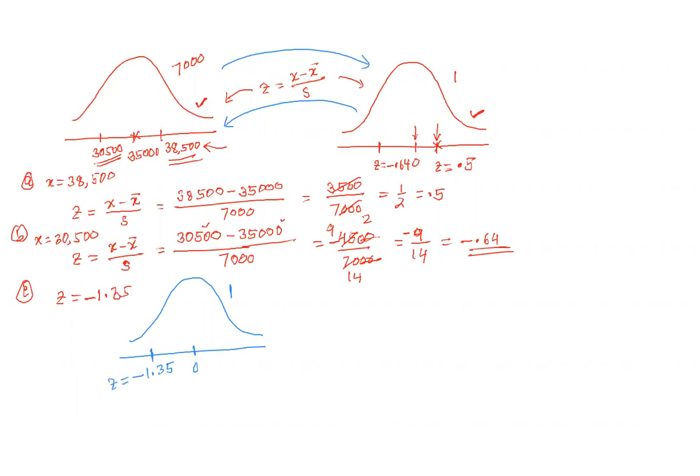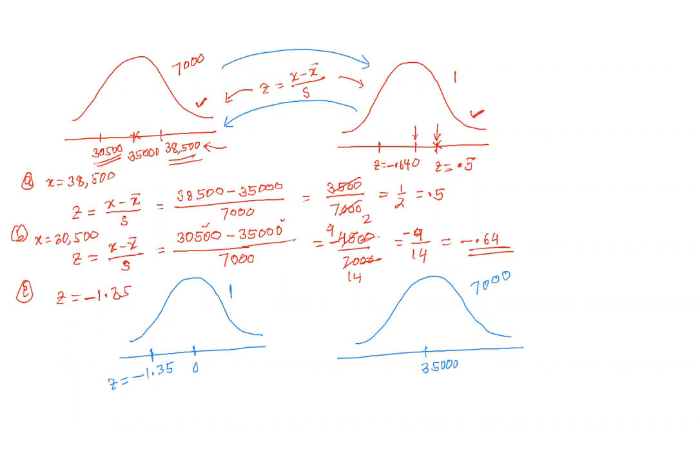What would it map to in the normal distribution that is under question here, which is, by the way, has a mean of 35,000 and standard deviation of 7,000.